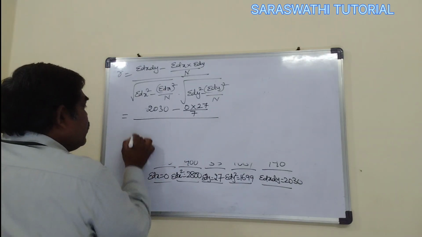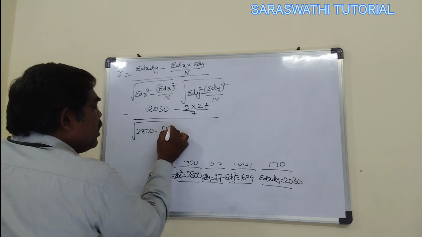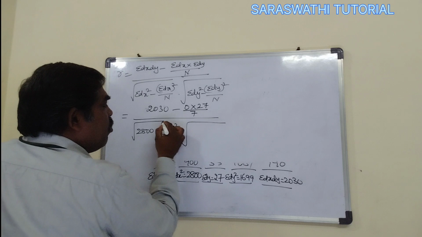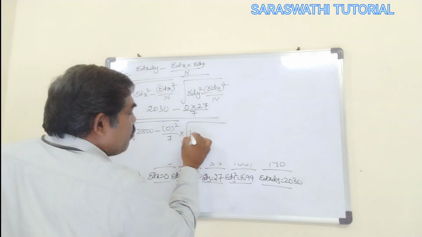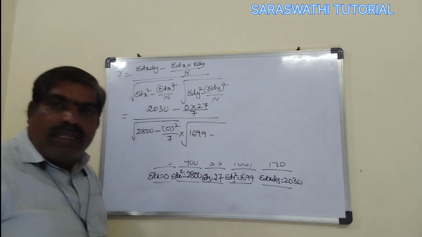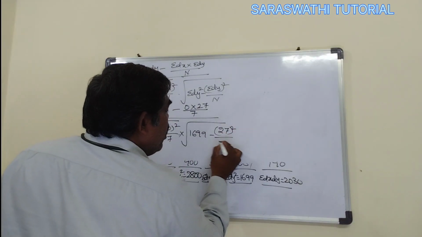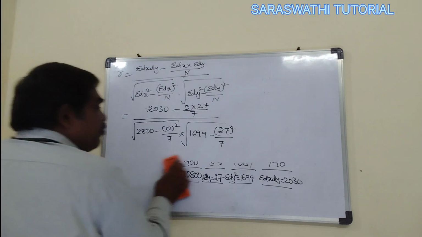Dx square, which is under root 2800 minus summation dx, which is 0, square by n, and in between multiplication, under root dy square 1699 minus dy, which is 27, whole square by 7. So I substituted these values.